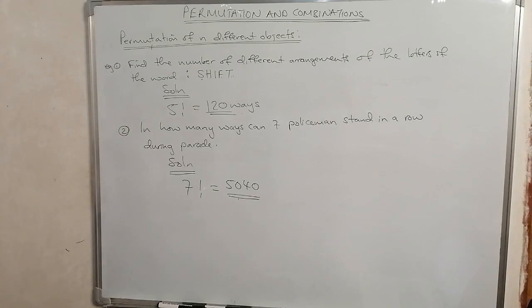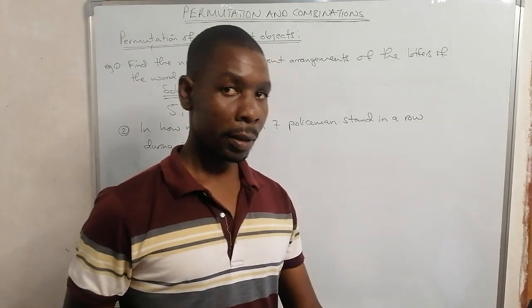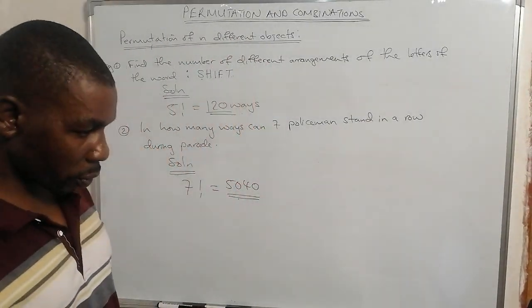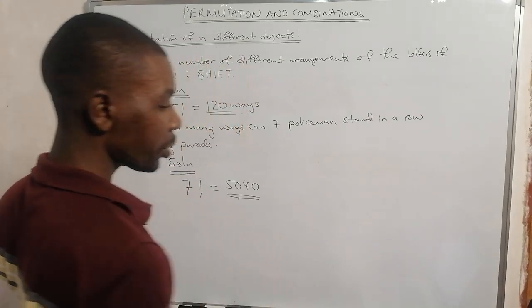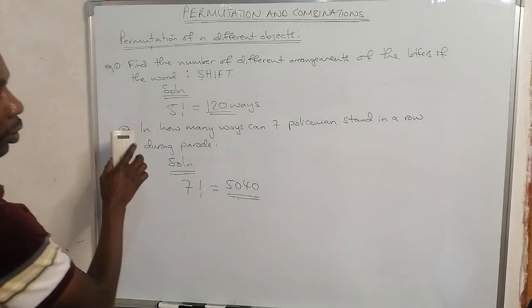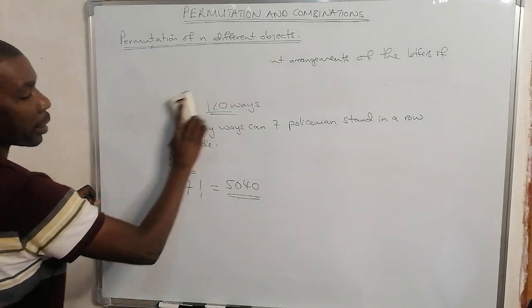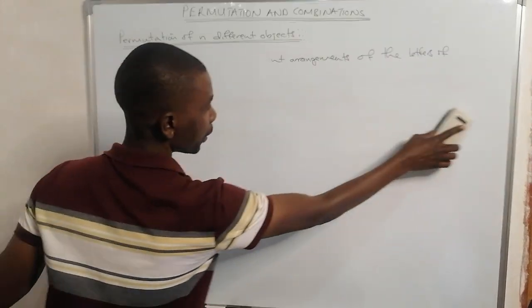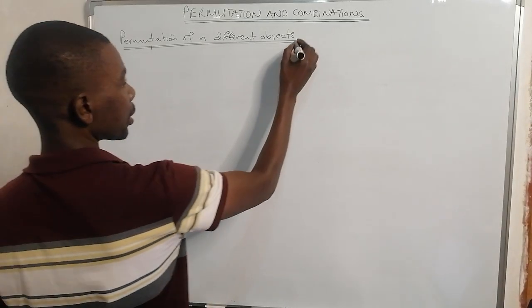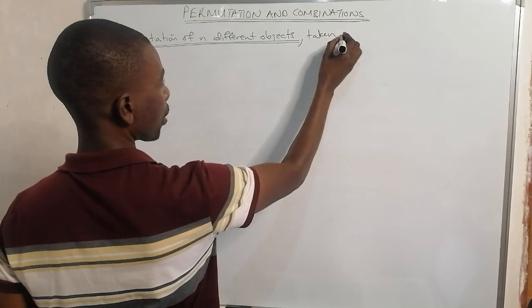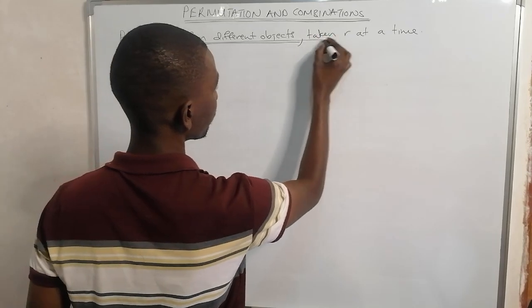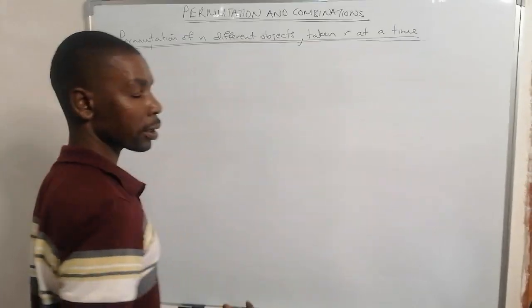Then another permutation. Now we want to look at permutation of n different objects taken r at a time. Now we have a condition.